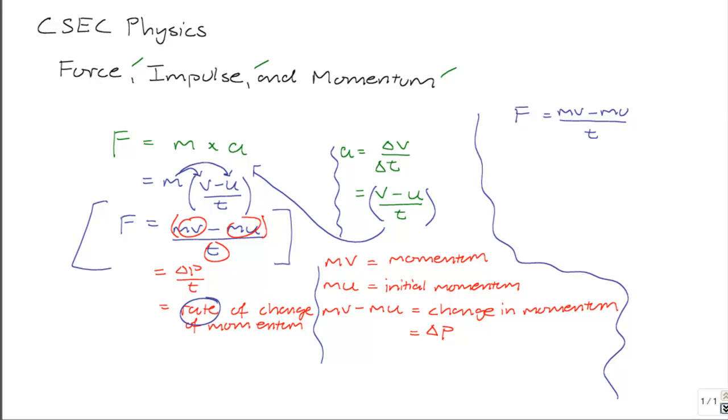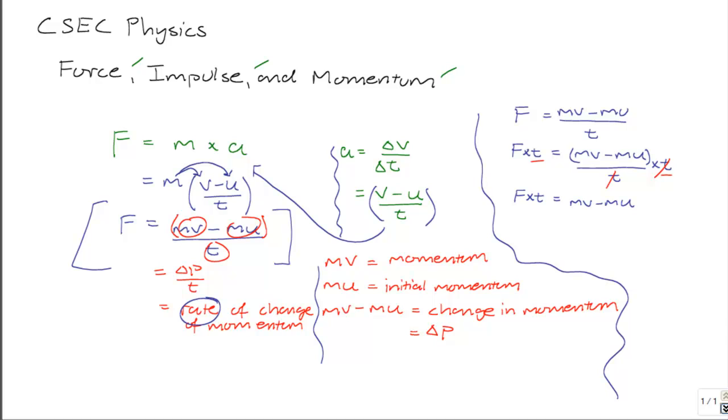So F times t is equal to mv minus mu, divided by t multiplied by t, because multiplying by this additional t, these two will cancel. So we get F times t is equal to mv minus mu.